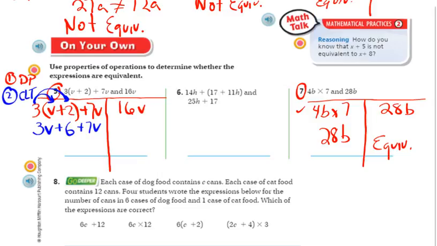And you notice you have a 3v plus a 7v. That is 10 v's here plus 6. I cannot combine 10v plus 6 because these are unlike terms. So this is my simplified expression here. And 16v is already simplified. So 10v plus 6 is not equivalent to 16v.